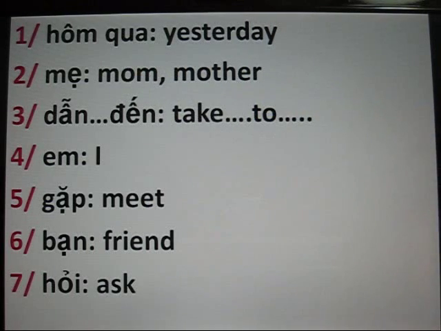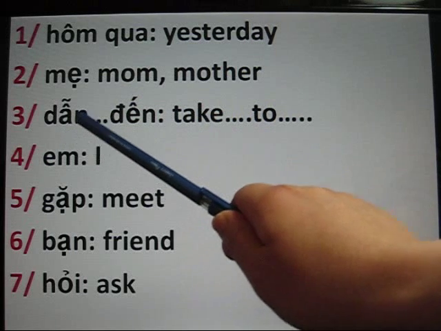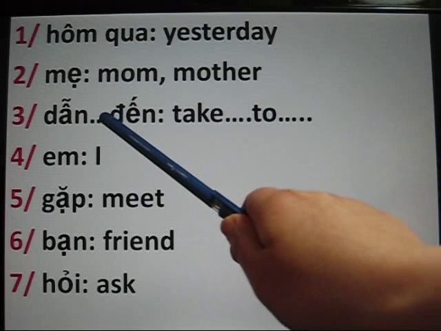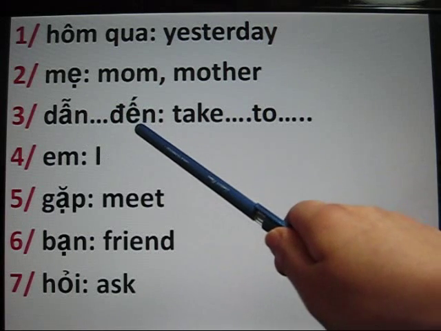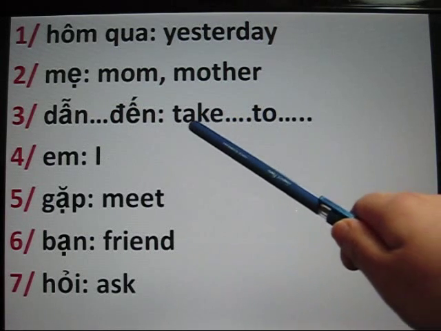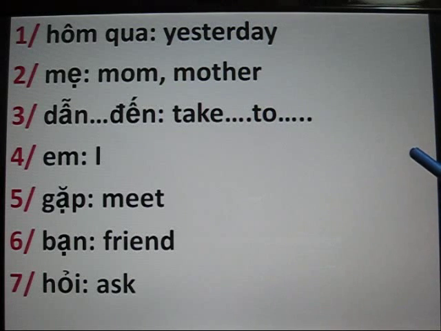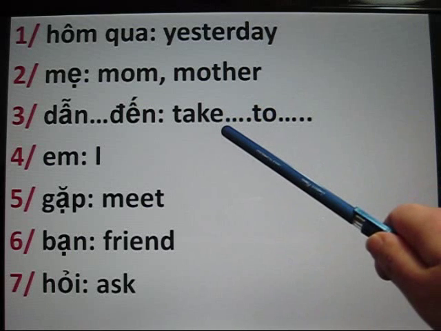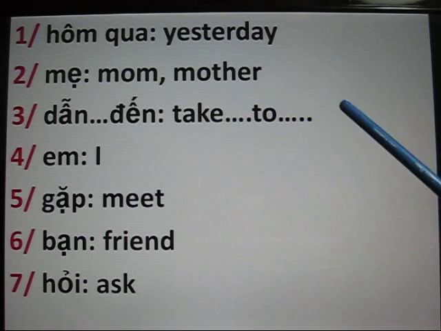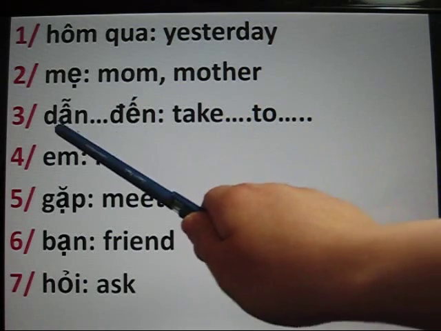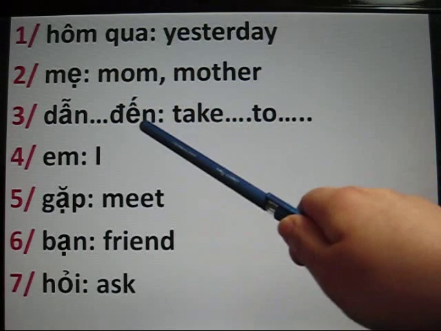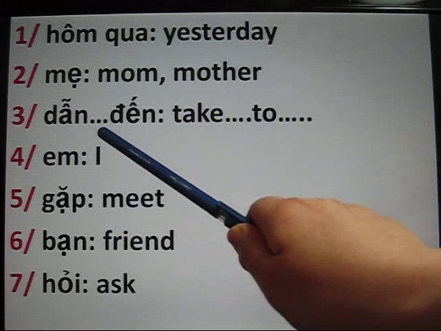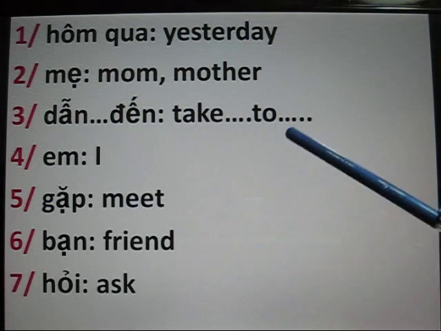Okay, for this one, dẫn, đến, dẫn, and three dots here. Dẫn, đến. It means take someone to somewhere. For example, take me to the supermarket, right? Dẫn someone đến somewhere.